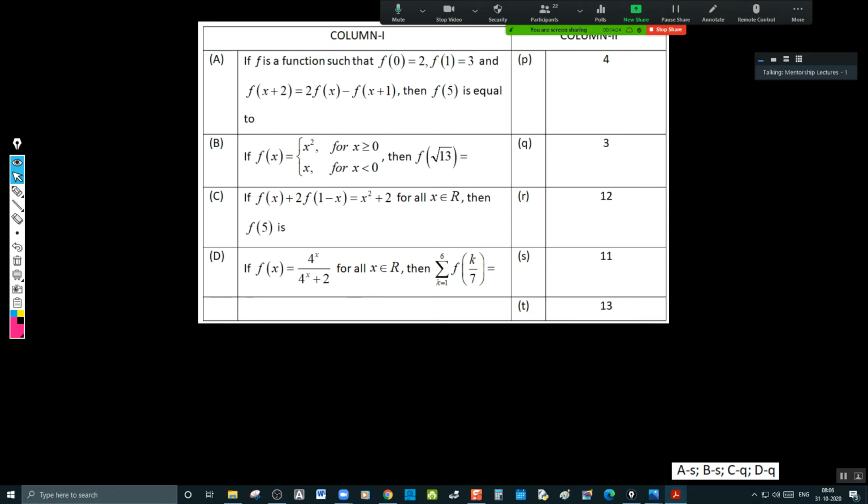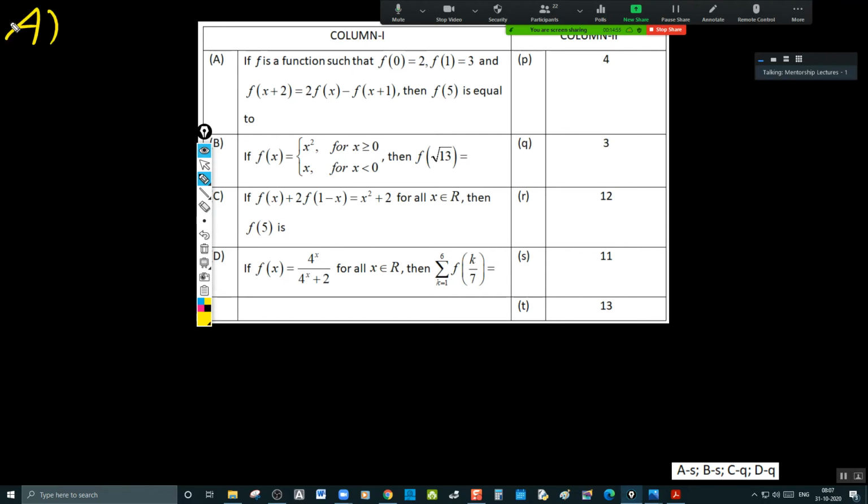Next question is, if f is a function such that f(0) is equal to 2, f(1) is equal to 3, and f(x+2) is equal to 2f(x) minus f(x+1), then f(5) is equal to. These are functional equations; we call them functional equations. I'm working out the first question in the matrix matching, A. What is f(0) given?